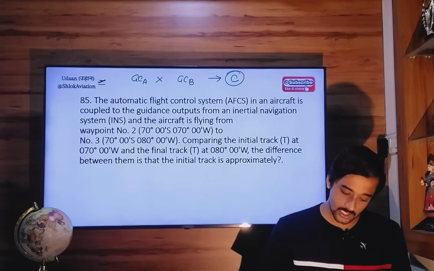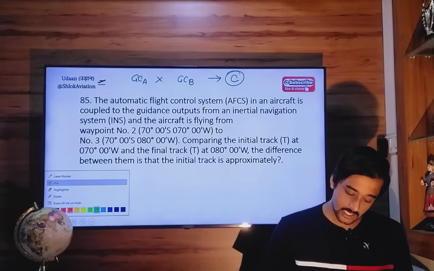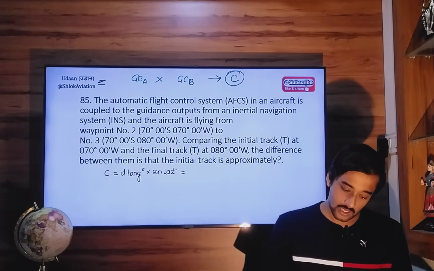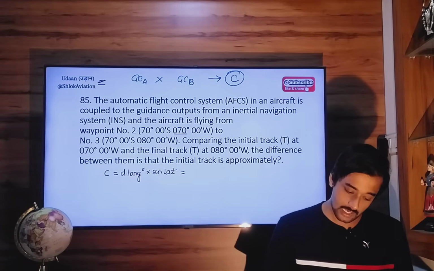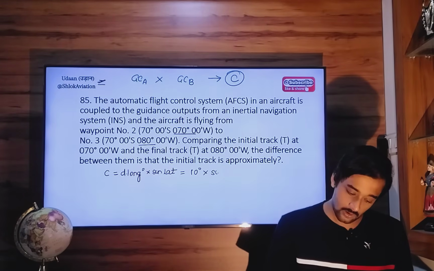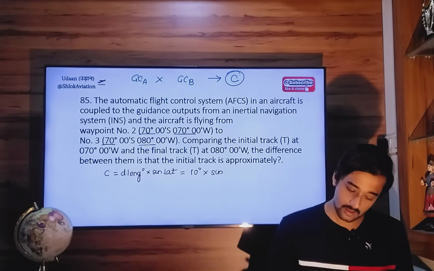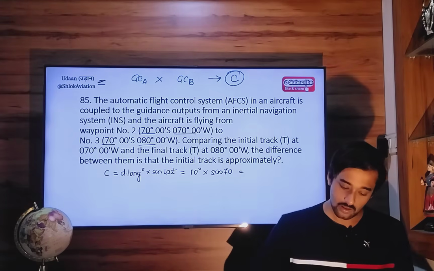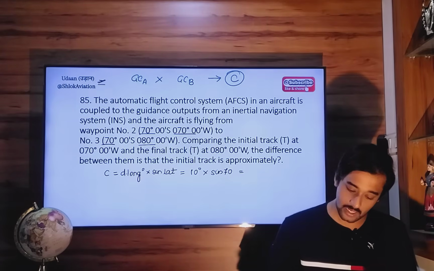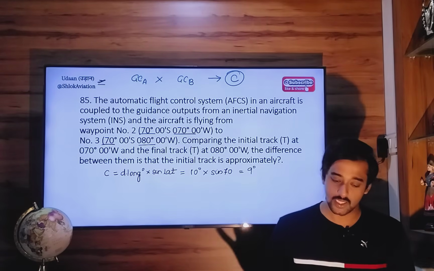So let's find convergency. Convergency equals d long in degrees into sine of latitude. So d long 70 west, 80 west, 10 degrees into sine of latitude 70. So sine 70 into 10 is 9 degrees 23 minutes, or approximately 9 degrees, let's say.